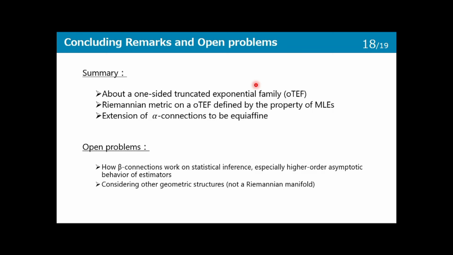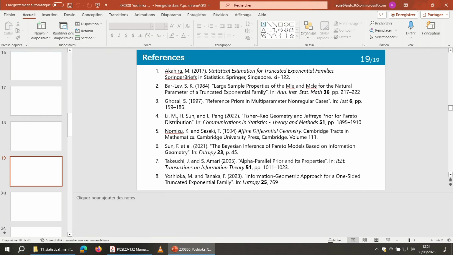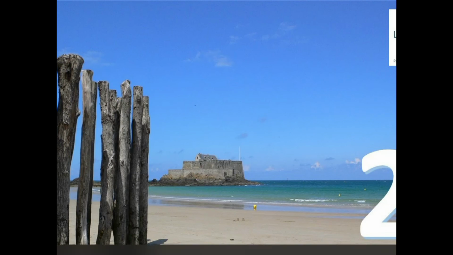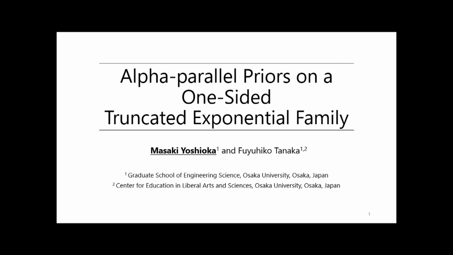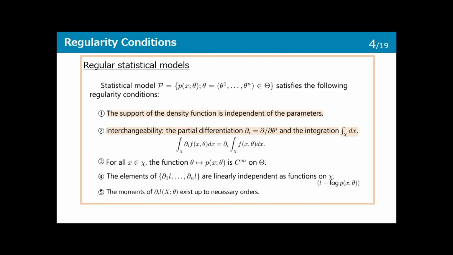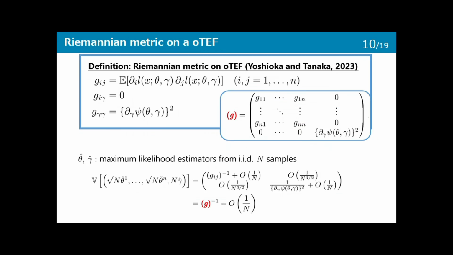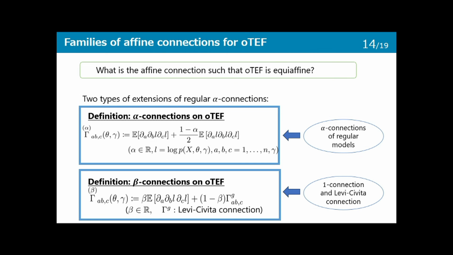The question is the existence of beta connections on the manifold. Okay. Sorry. You mean first confirm the existence of this connection, right?